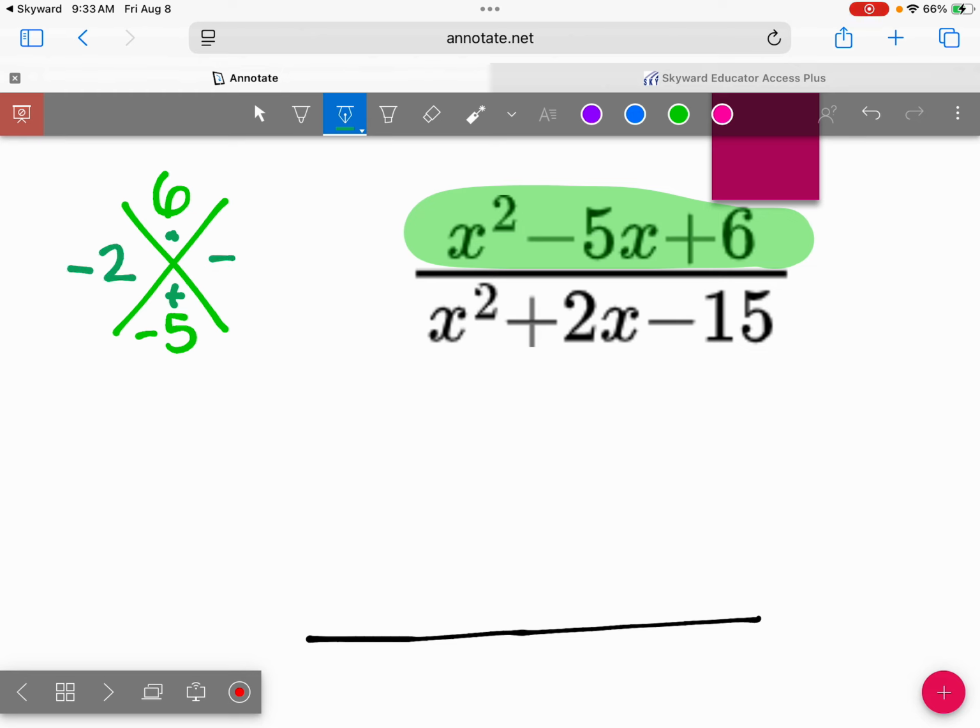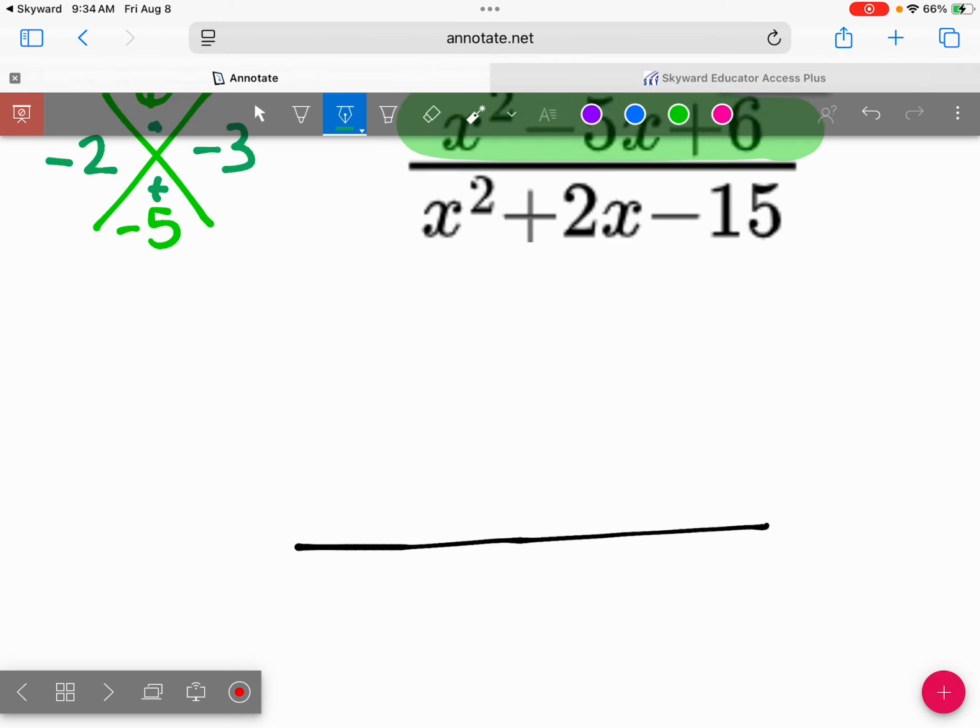Negative 2 and negative 3 will multiply to make that positive 6. I heard a couple people talk about negative 6 and 1. Those will add up to be negative 5, but those would multiply to make a negative 6, not a positive 6. So be super careful on that. The 6 ones honestly come back and kick us in the teeth because we get a little overexcited sometimes. So be really, really careful, especially when we know multiple factors that have similar pieces.